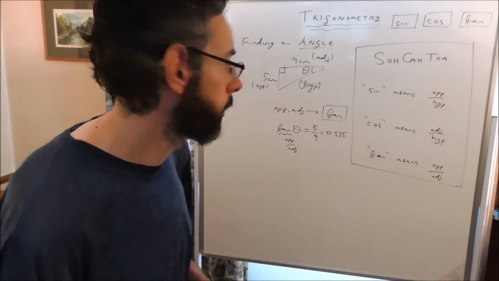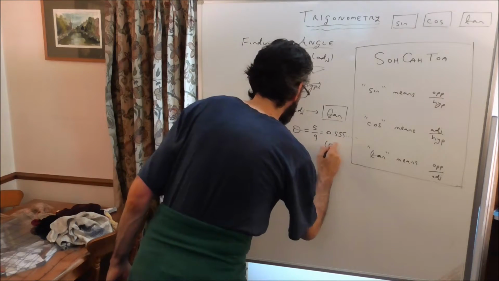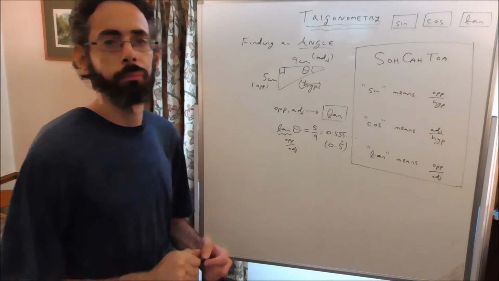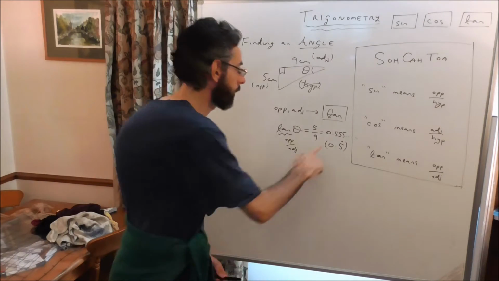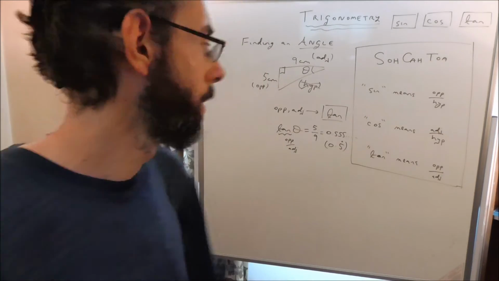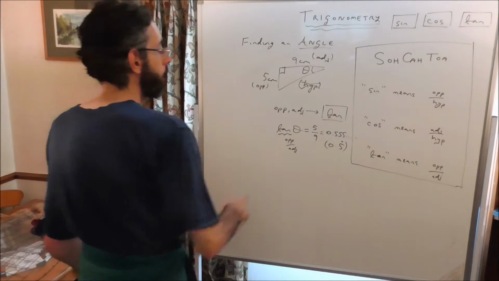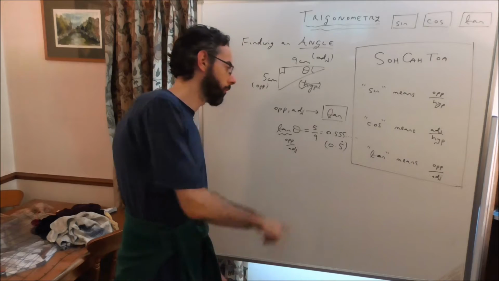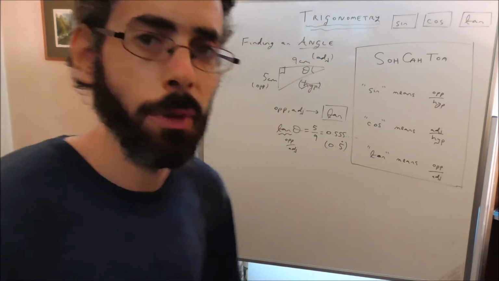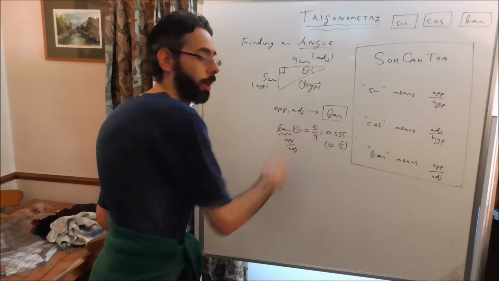Or the calculator may write it as 0.5 with a dot above the 5, which just means 0.5 recurring. If you do get it this way, just keep all the digits on the screen, because you'll need that for later. Also, it's fine actually to leave the answer as a fraction, so you can leave it as 5 over 9 as well. So when you do 5 divided by 9, just check that you get one of these things on your calculator.